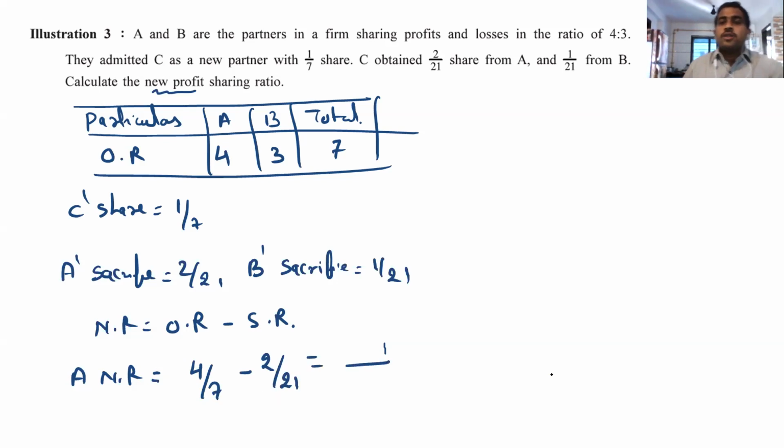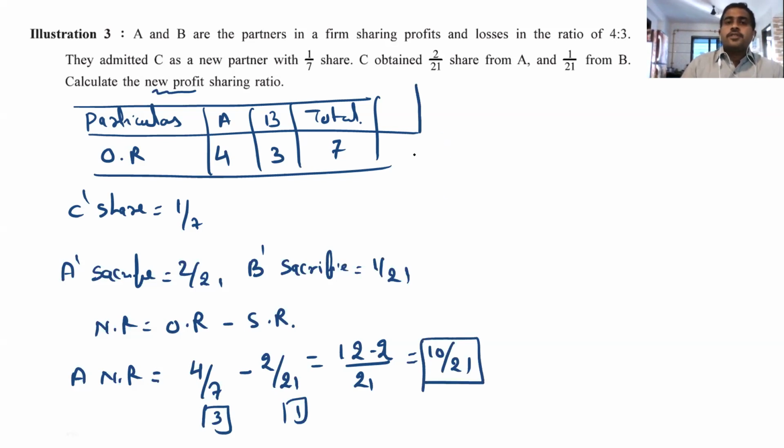You can cross multiply or we can use the LCM also. Better to use the LCM. So 7 threes are 21 and 21 ones are 21. 4 threes are 12 minus 2 upon 21. It comes to 10 by 21. That completes the first part.